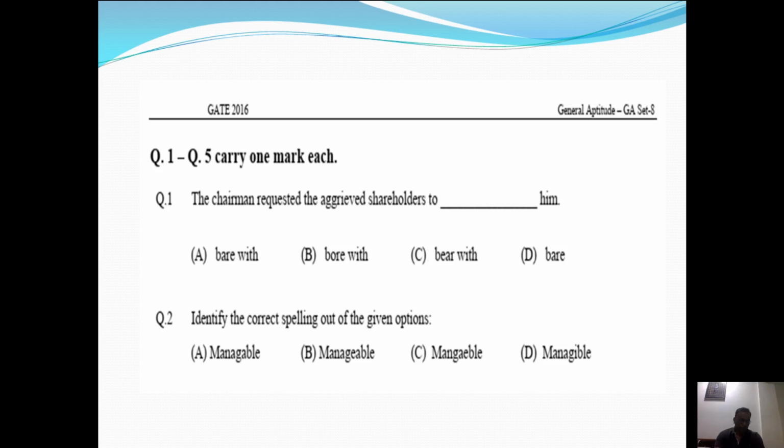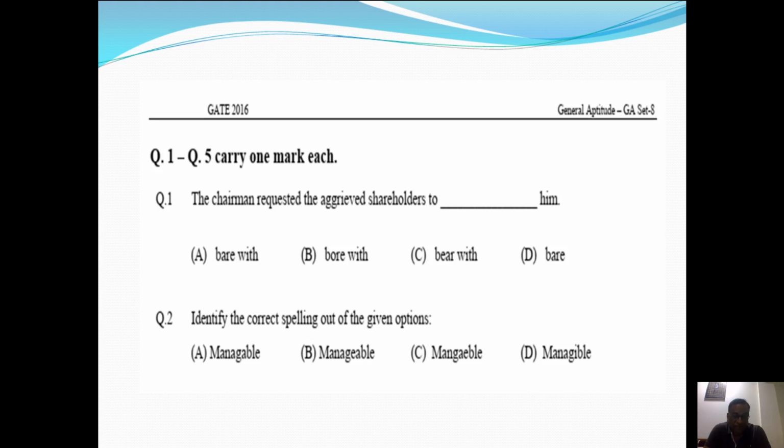Question number 2. Identify the correct spelling out of the given options. Everybody might have read this word given here in 4 options, but very few people know the correct spelling, because we read and speak this word so many times, but we never bother about the spellings.